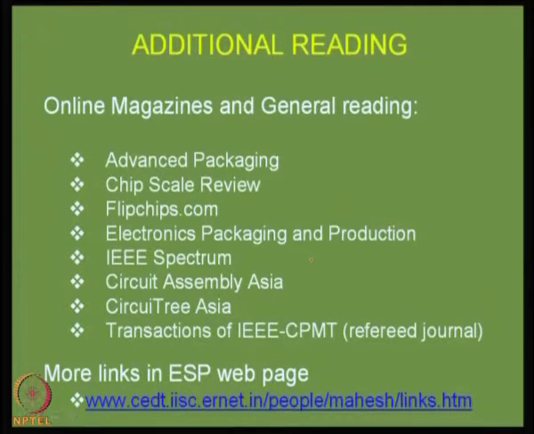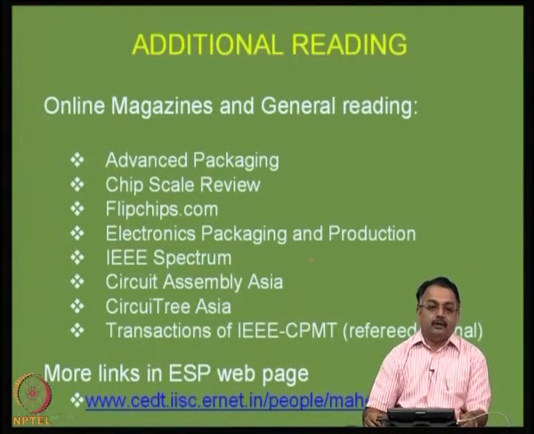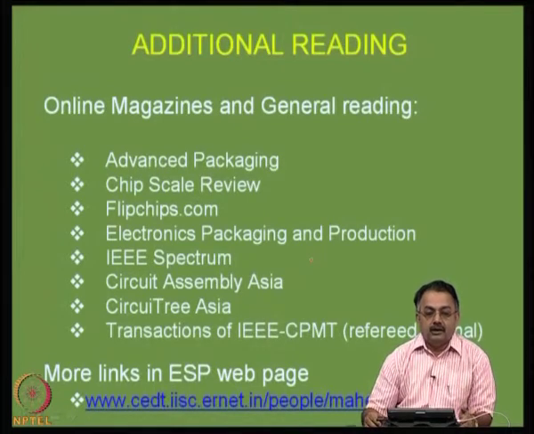A website called flipchips.com is very useful if you wish to read about bare die or flip chips. IEEE Spectrum will give you very often interesting packaging activity presentations. Circuit Assembly Asia, Circuitry Asia are magazines from Southeast Asia, which focuses on Asian industry activities.